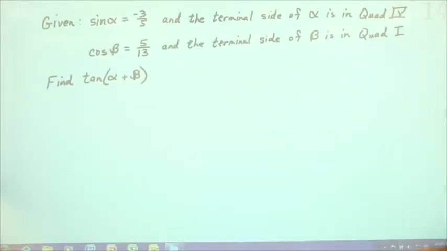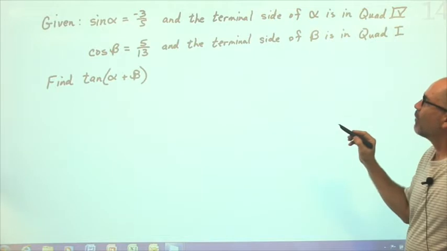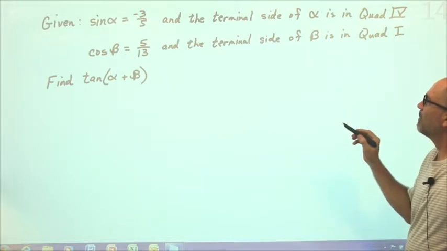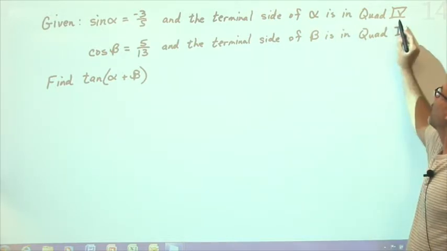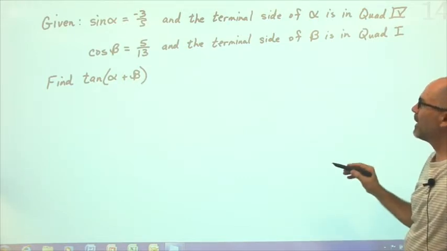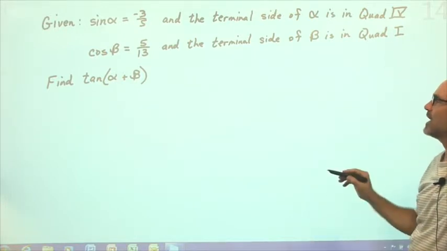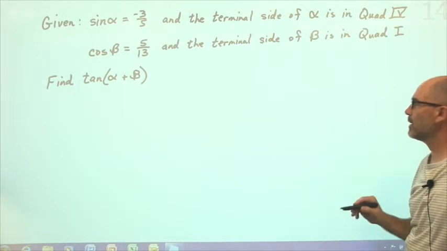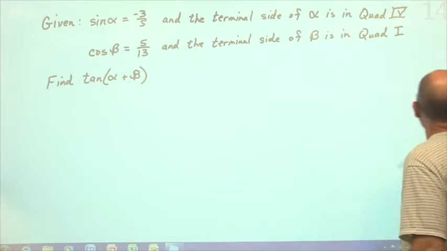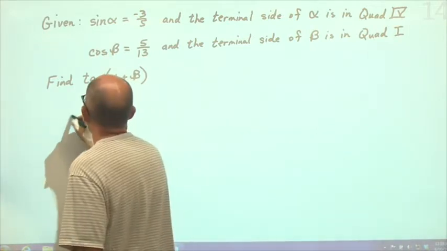Okay, now, the next game we're playing here is we're given that sine of alpha is negative 3/5, and the terminal side of alpha is in quadrant 4. And then cosine of beta is 5/13, and the terminal side of beta is in quadrant 1. And we want tangent of alpha plus beta. Well, let's first of all look, what is tangent of alpha plus beta?